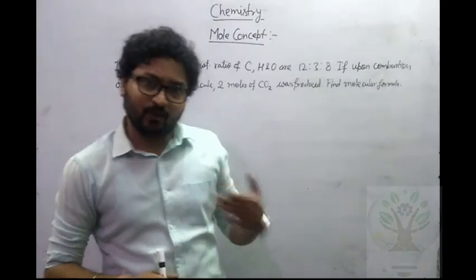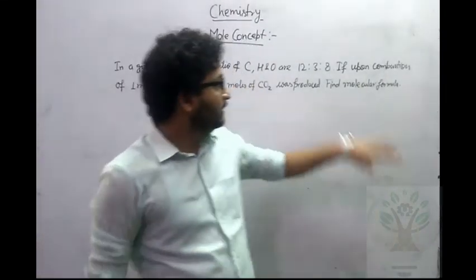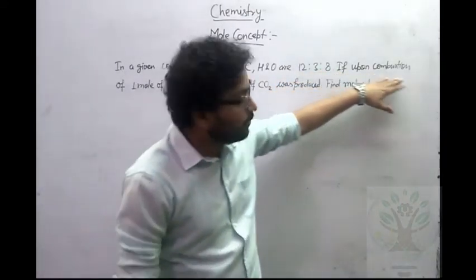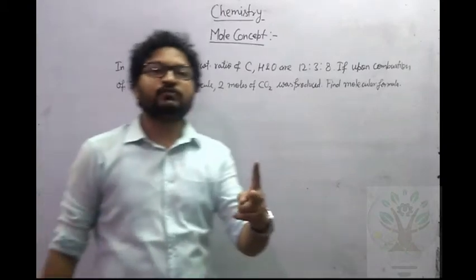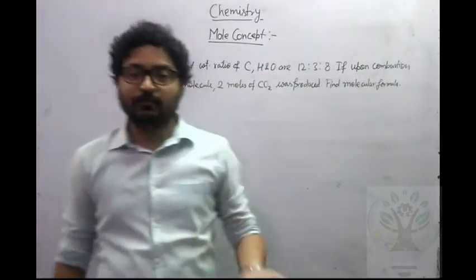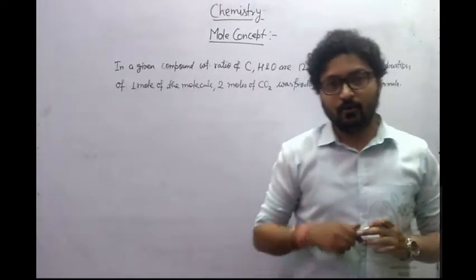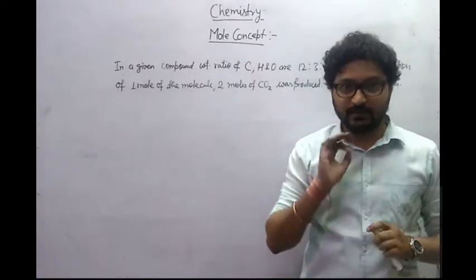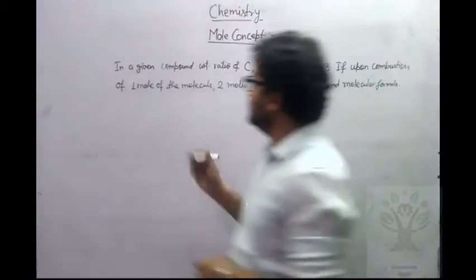Now you have to find the molecular formula, and for that they have given one piece of information: upon combustion of 1 mole of your molecule, 2 moles of CO2 are produced. Please try to find the empirical formula on your own. Pause the screen and give it a try. Okay, if you wish to find both, you can see. Fine, let's see.